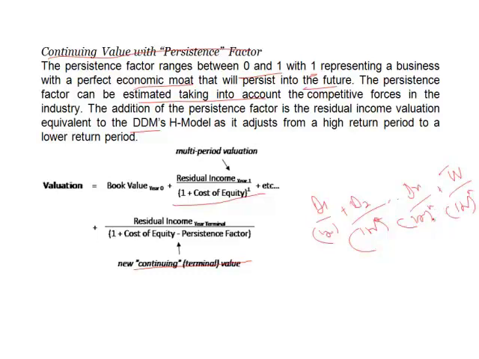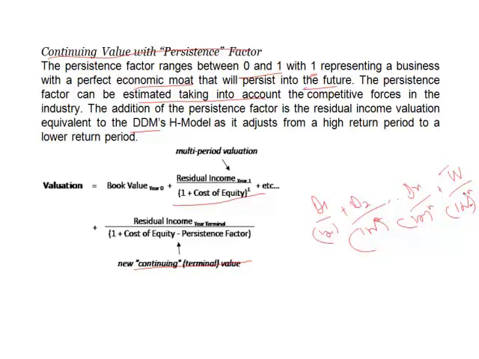The only difference here is that in the cost of equity used in discounting the terminal value, you will remove the persistence factor from it. That is just the difference here from the one you had known.